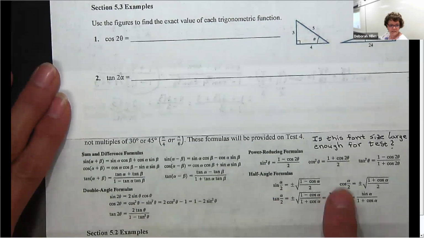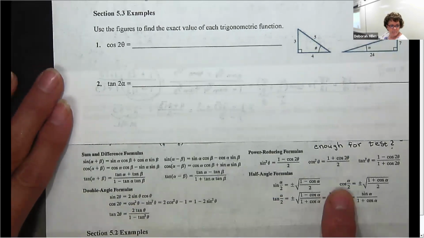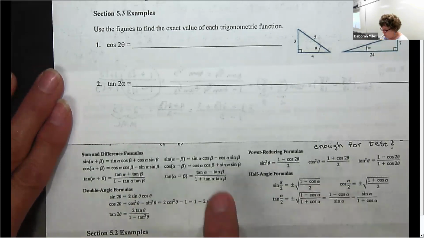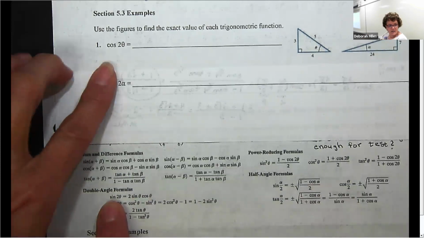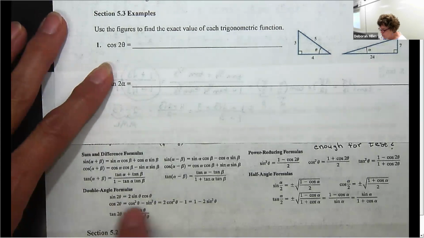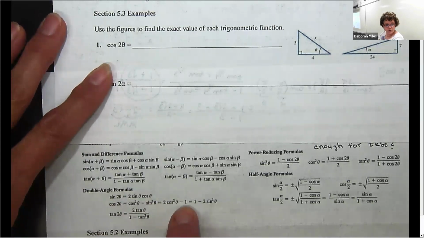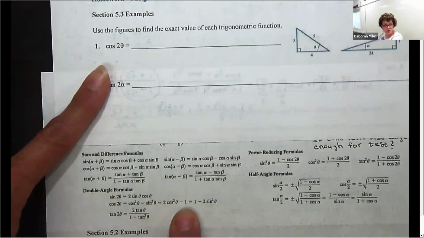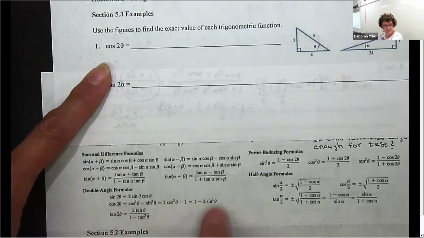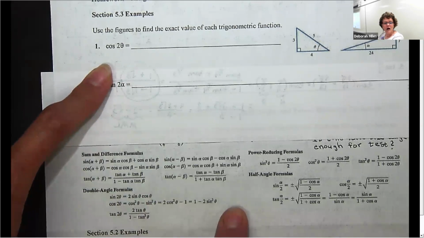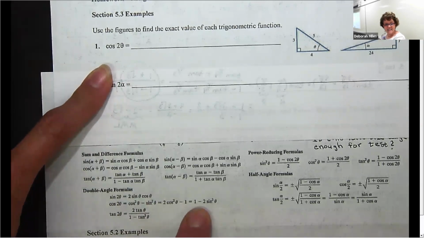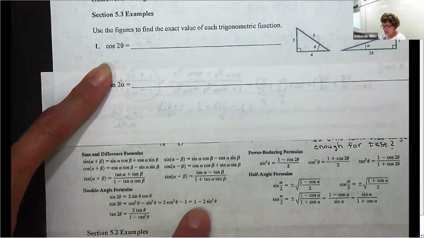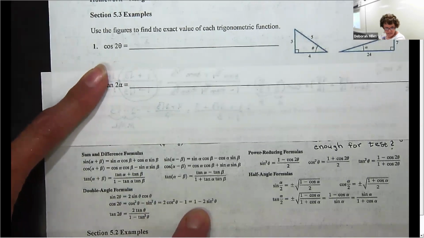All of these will be on the test. But the one we need for cosine 2 theta, actually there are 3 formulas that you could use for cosine 2 theta. Doesn't matter which one you use, you should get the same answer, obviously, for all 3 of those. It could matter if we were verifying an identity that had a double angle formula in it, but we don't have time to do those.